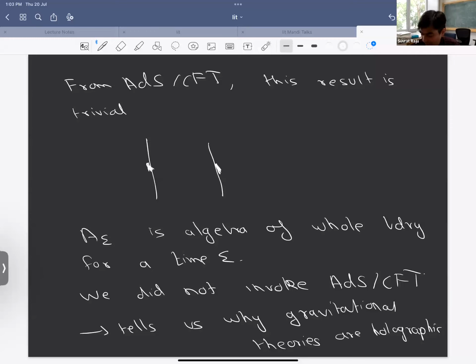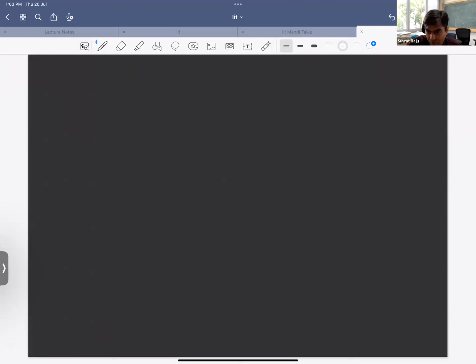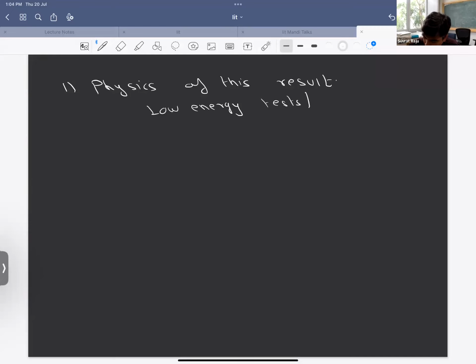Okay, so I see I'm already out of time. Let me give you a preview of what I'll discuss tomorrow. Since this is a diverse audience, if I was going too slowly, I'm happy to say other things. Tomorrow I wanted to discuss a little bit more of the physics of this result, some low energy tests and black holes.